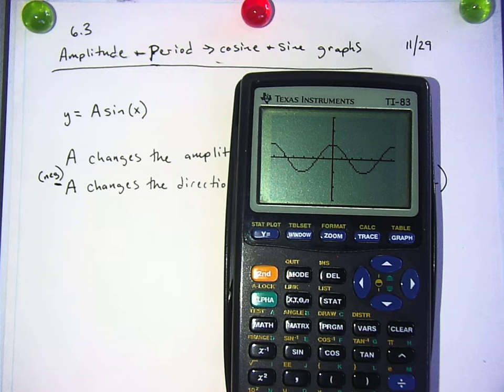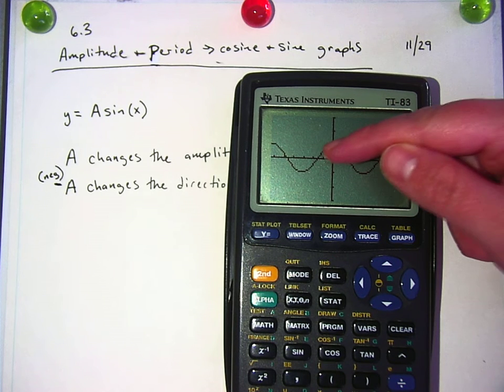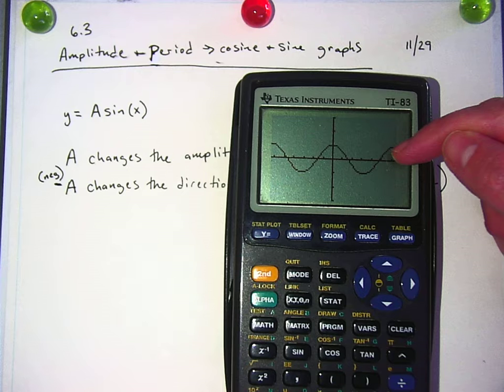Go to y equals and hit cosine of x. And then show your partner that you've got one. See how a cosine graph at 0 starts at 1, right, instead of 0?